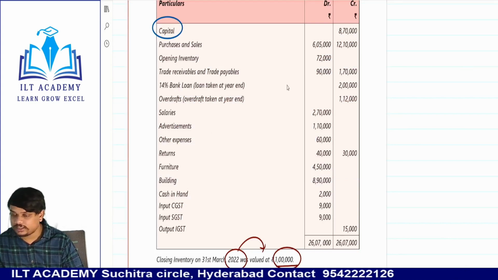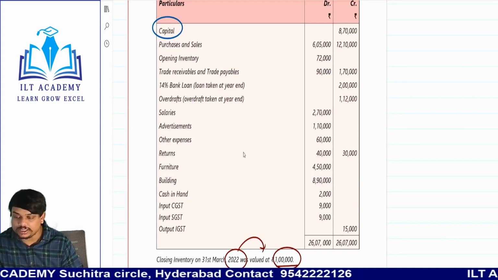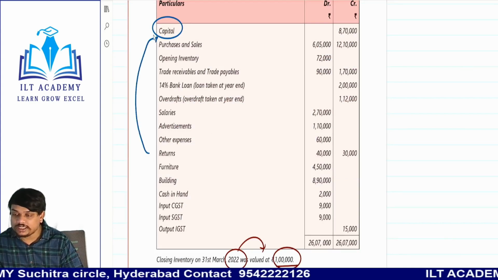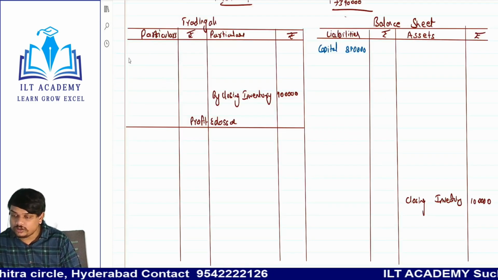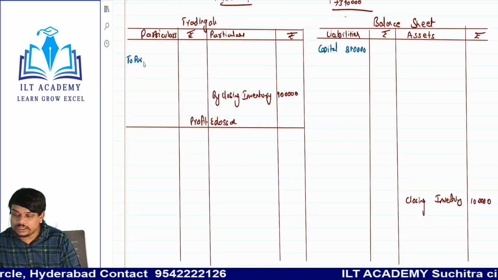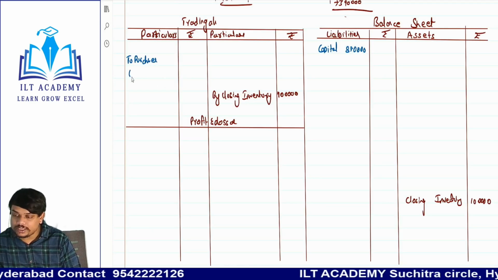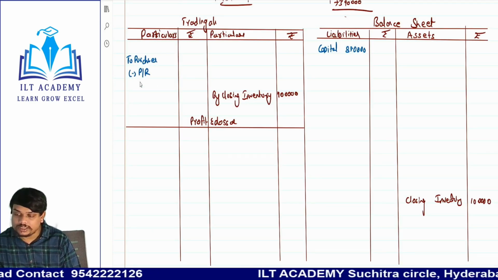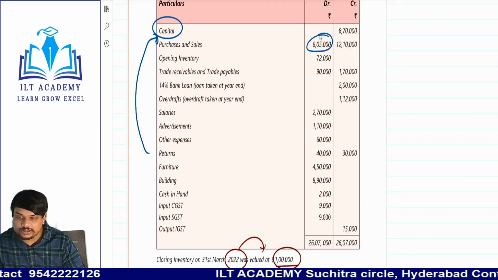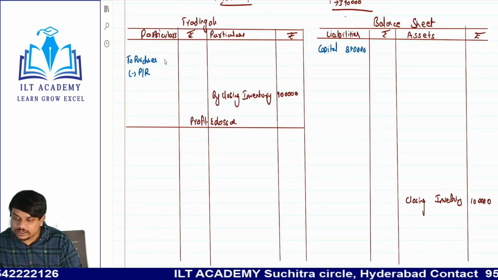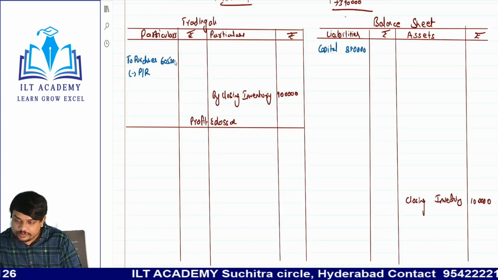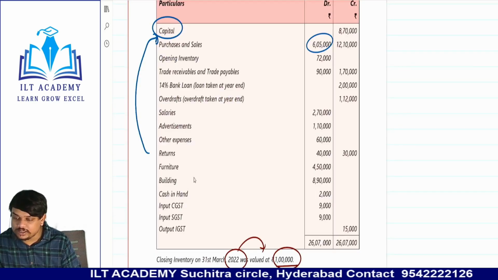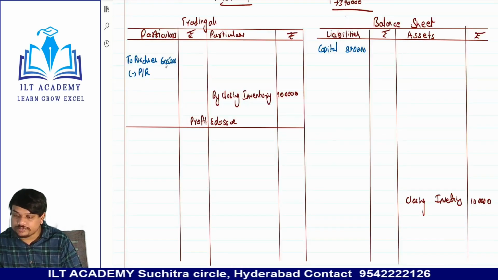Purchases and sales. Do we have any returns? Yes. So purchases are directly linked with purchase returns. So purchases minus purchase returns. How much is the purchases value? Minus purchase returns value is how much? 30,000.